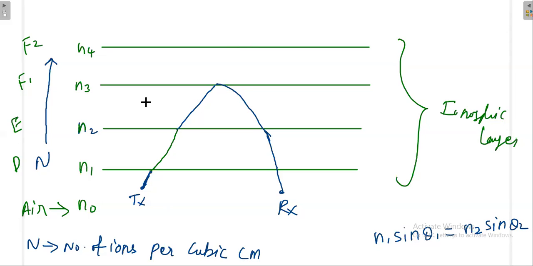Again, please remember the refractive index is related to the ionic density.